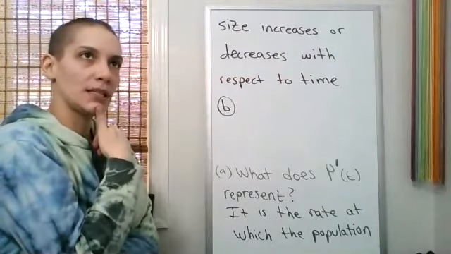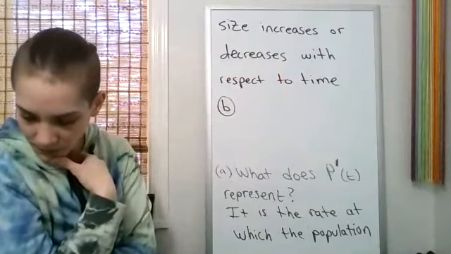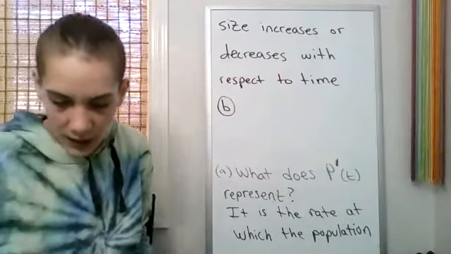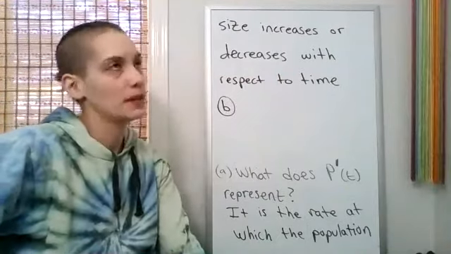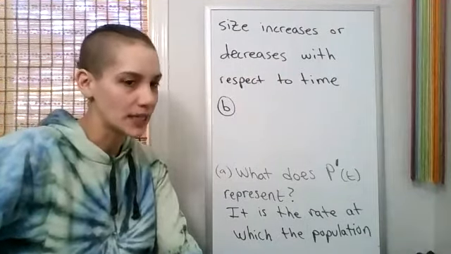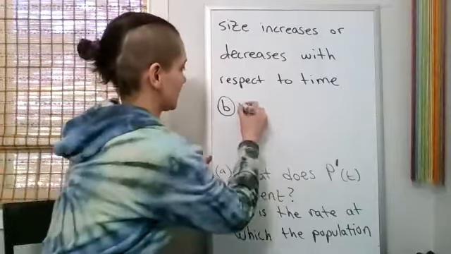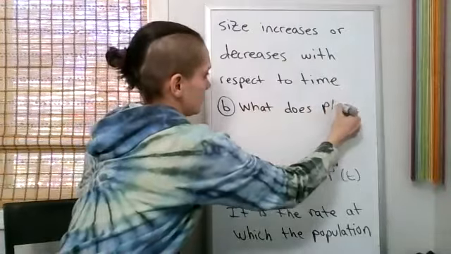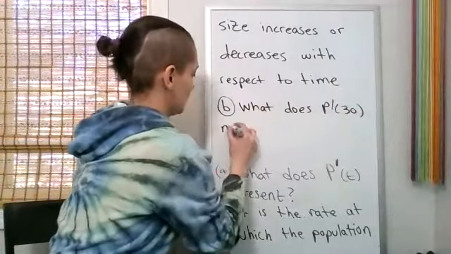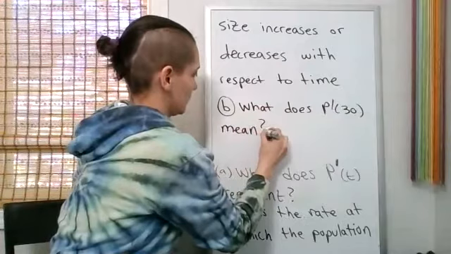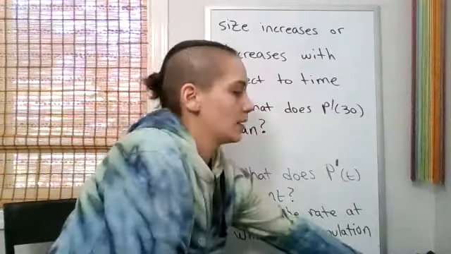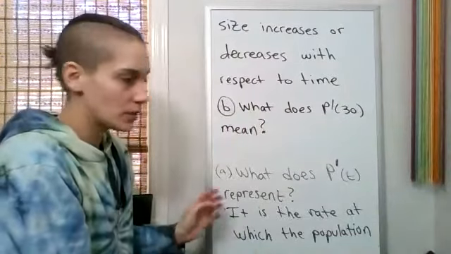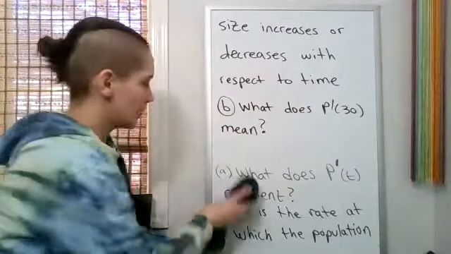So, let's go for this part. What does P prime of 30 mean? Also, note that t equals 0 corresponds to the year 1900.